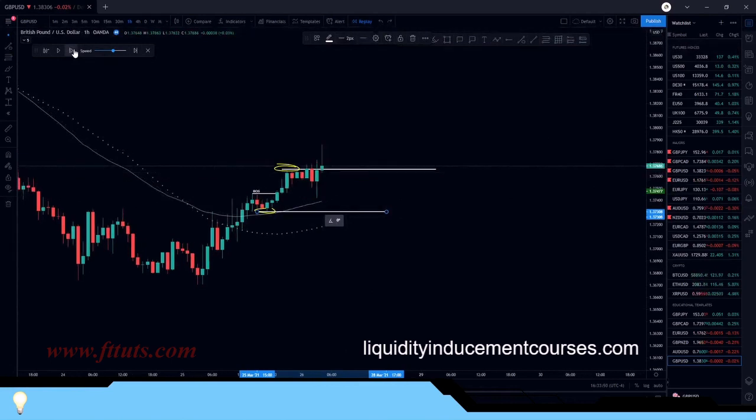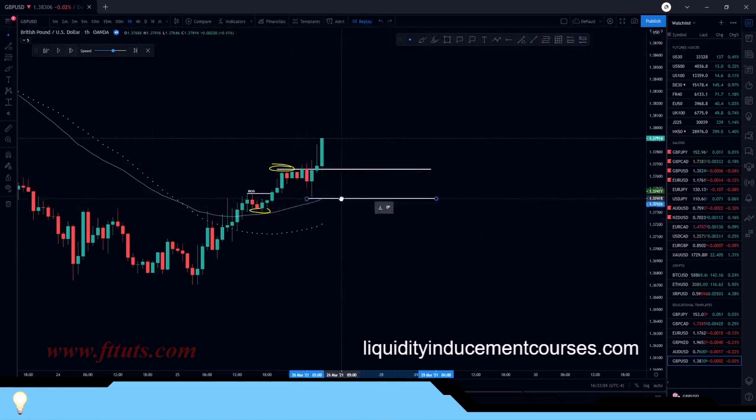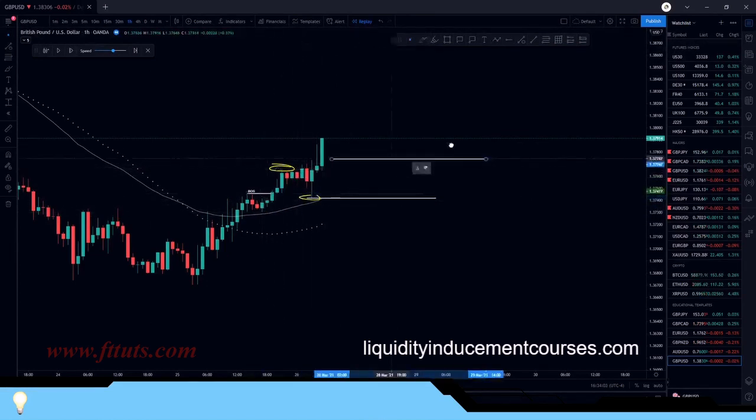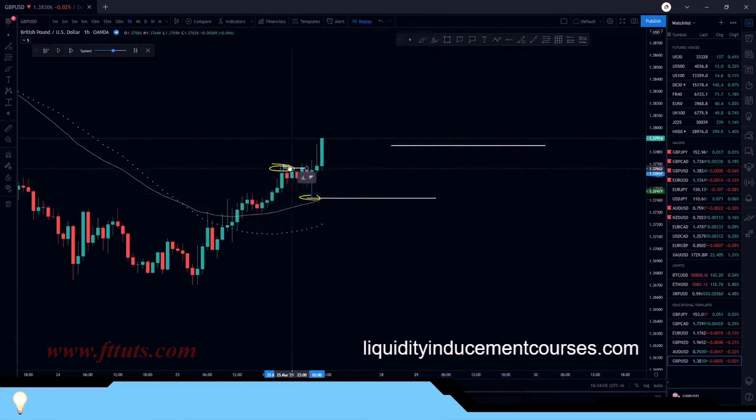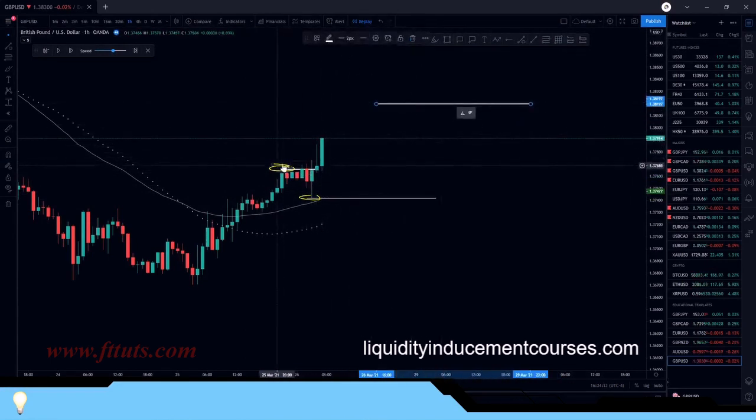And then eventually you see this as your break of structure with your new low being formed over here. And then this becomes your break of structure, right? This is officially a much more convincing break of structure here. And then we'd be looking at creating a new high, right?